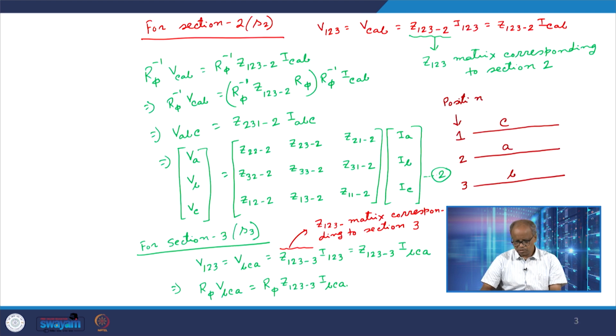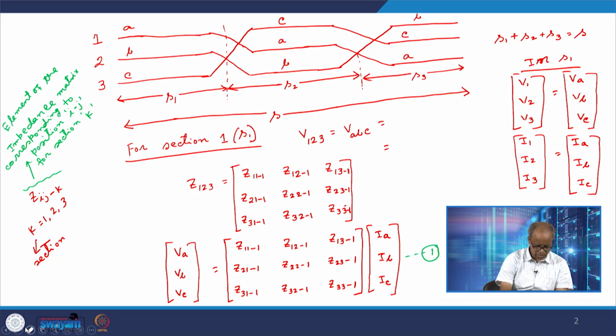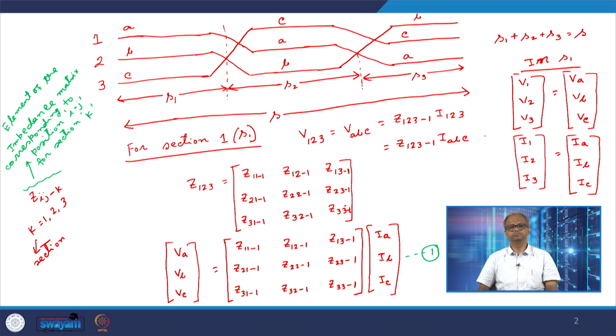Now, one thing I must say, that instead of writing Z123 here, we should write it to essentially maintain the uniformity of the notation.